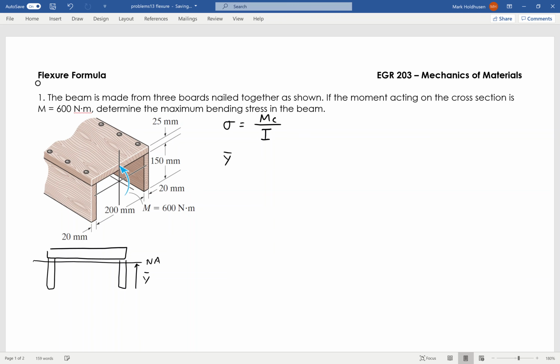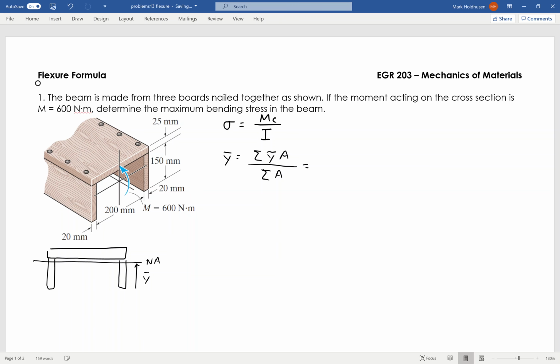And as you remember from statics, the centroid is found by breaking it up into pieces, where you take the centroid times the area of one piece, add those together, and divide it by the total area of this. The way that I am going to do this is I'm going to take two rectangles. Kind of a bigger outer rectangle and then a smaller inner rectangle that I'm going to cut out.